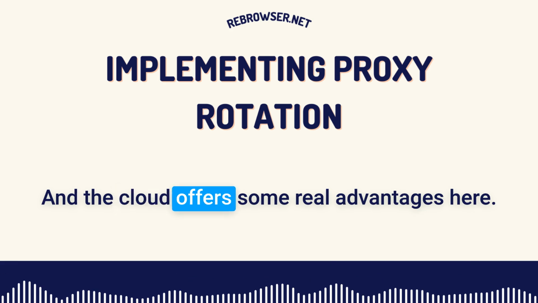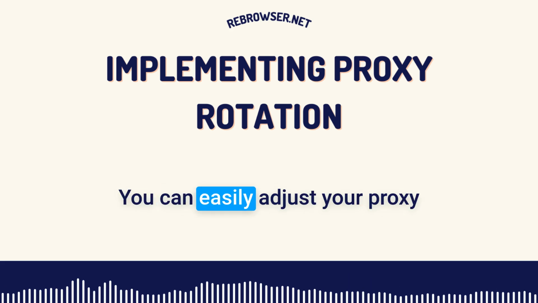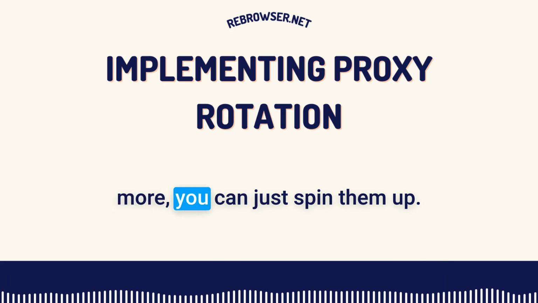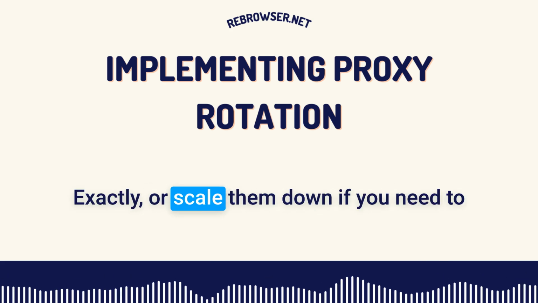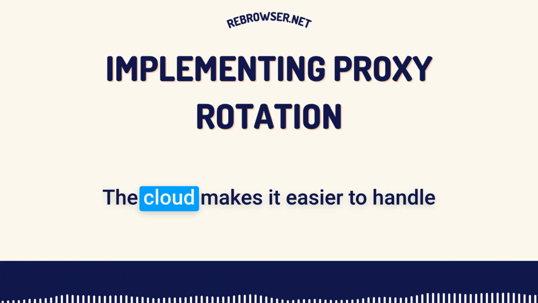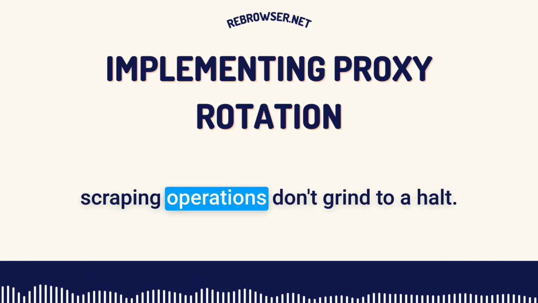And the cloud offers some real advantages here. Think about scalability. You can easily adjust your proxy pool size based on your needs. Oh, so if you suddenly need a lot more, you can just spin them up. Exactly, or scale them down if you need to save resources.